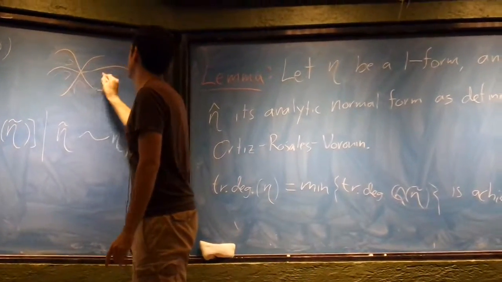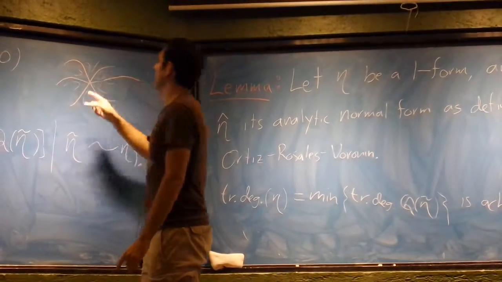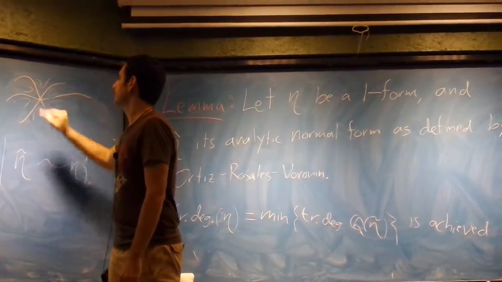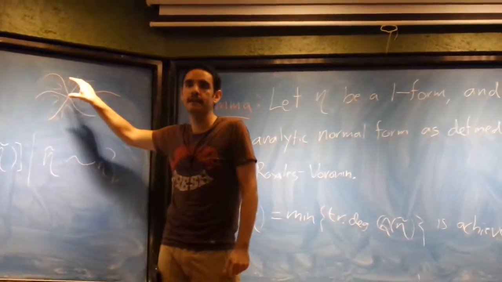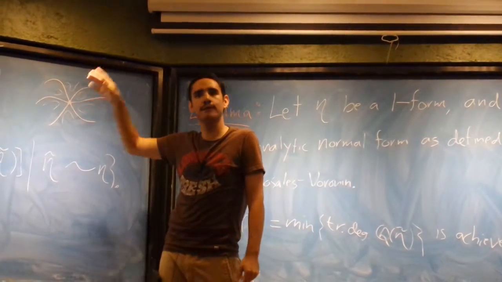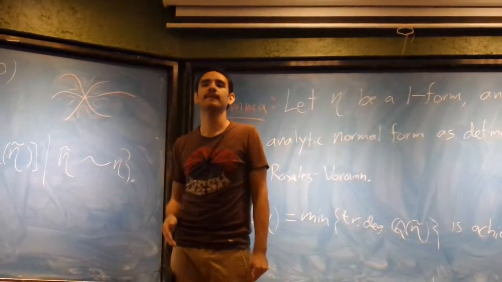I'm still going to have the same behavior, but then I have three analytic curves here, and actually I can find a change of coordinates that will rectify the three of them at the same time.